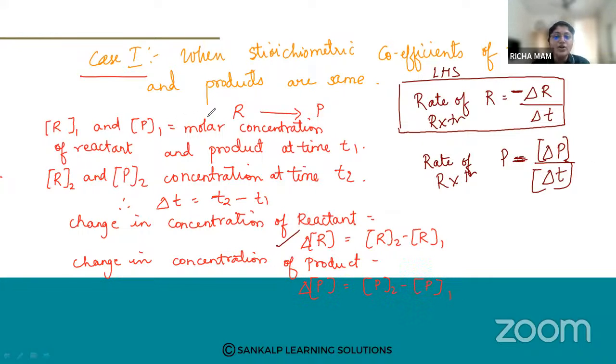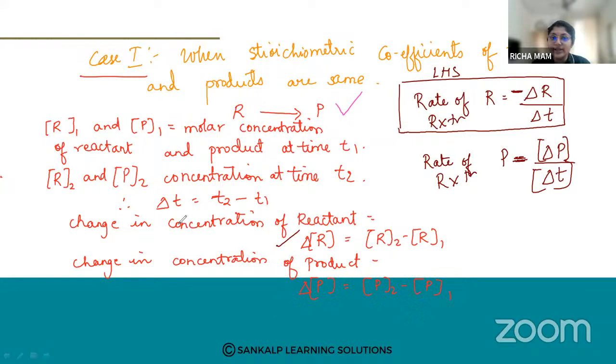So what have we done? The chemical reaction is proceeding from R to P, that is from reactant to product. Let R1 and P1 be the molar concentration at time T1, and R2 and P2 the concentration at time T2.